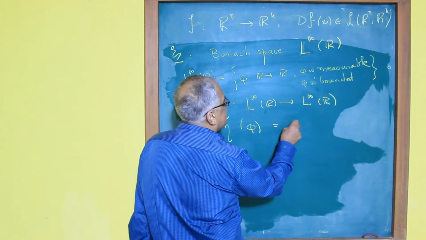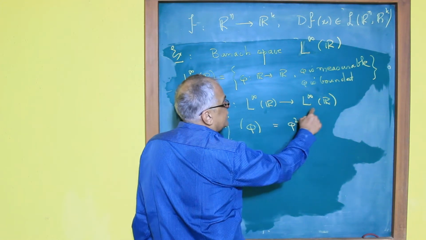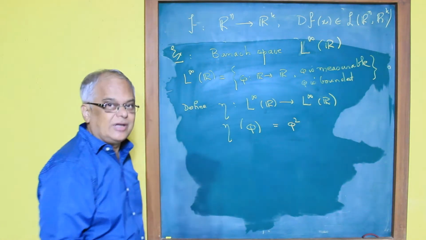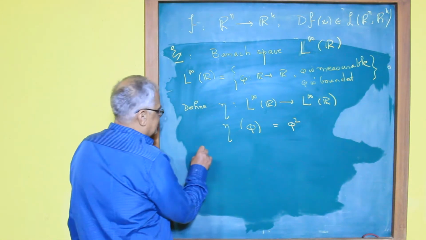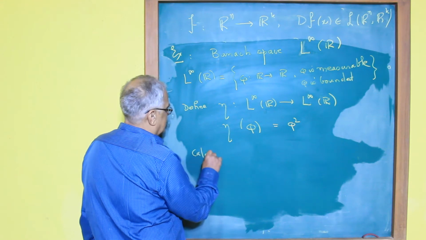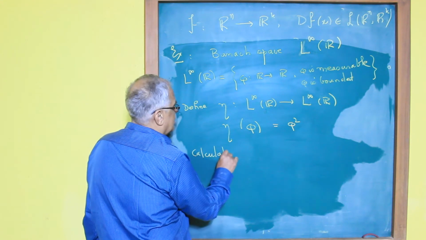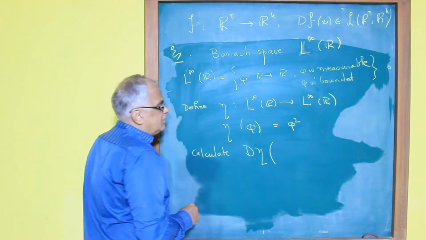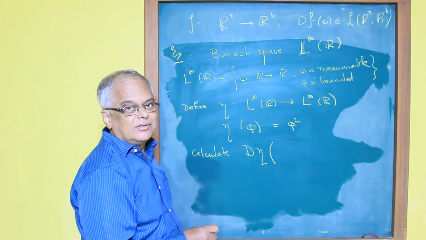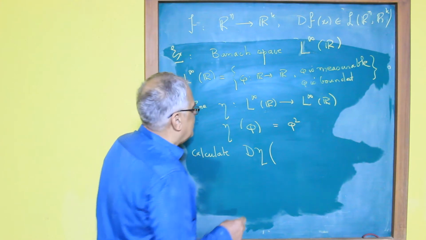I'm going to define eta of phi to be phi squared. Where is phi squared? Phi squared is another bounded function on R. And the exercise is to calculate the derivative of eta, and I'll give you a particular function that is bounded. The function that is bounded I'm going to call psi.